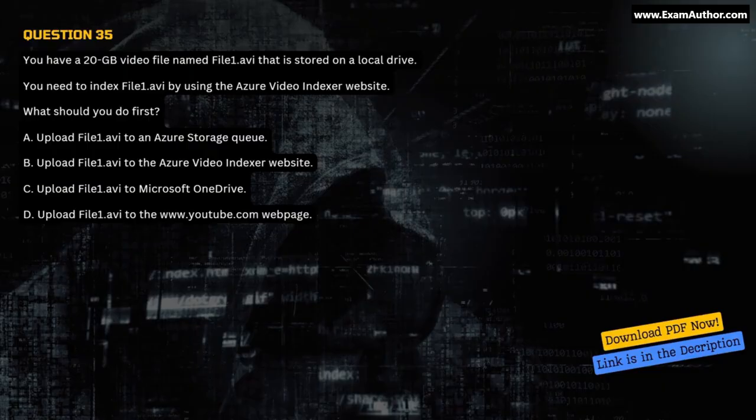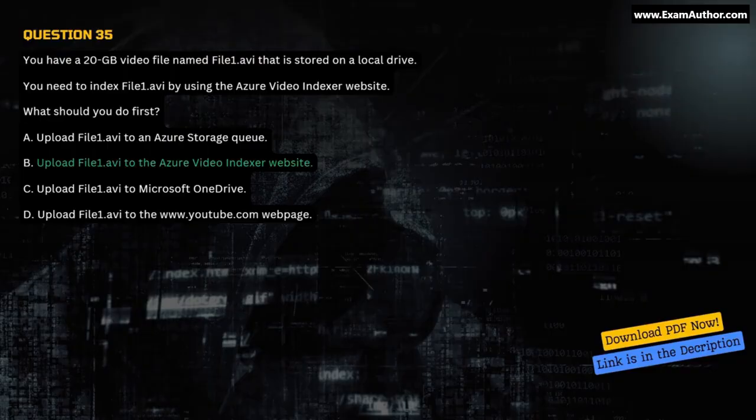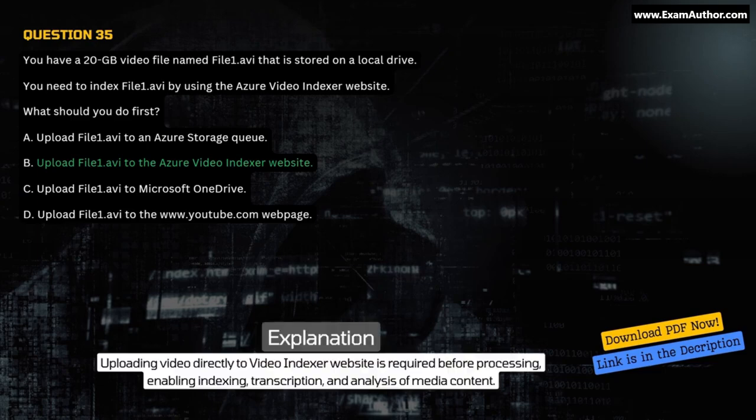C. Upload file1.avi to Microsoft OneDrive. D. Upload file1.avi to the www.youtube.com webpage. Correct answer B. Upload file1.avi to the Azure Video Indexer website. Explanation. Uploading video directly to Video Indexer website is required before processing, enabling indexing, transcription, and analysis of media content.